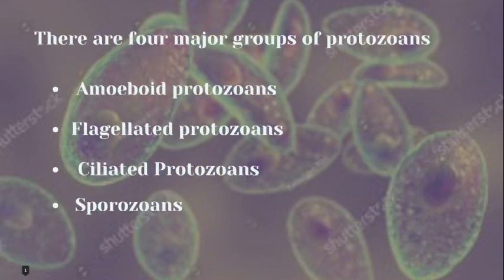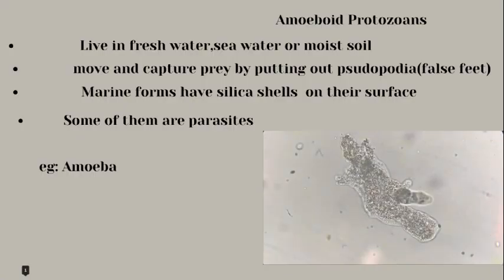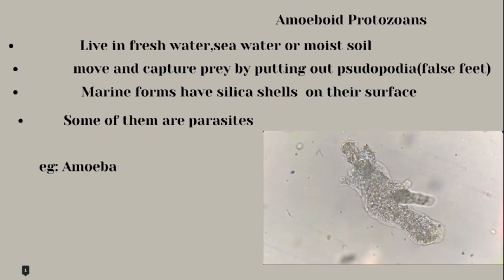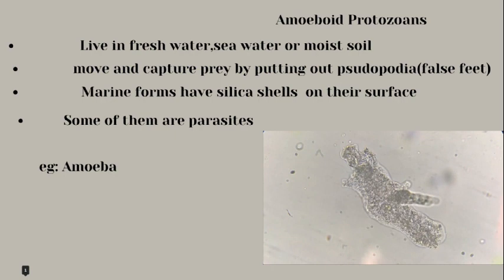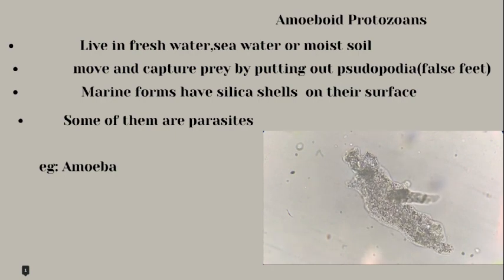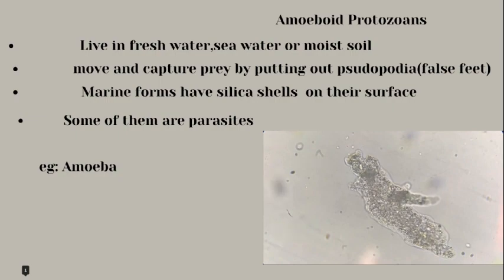There are four major groups: amoeboid, flagellated, ciliated, and sporozoan. As the name says, the amoeboid protozoans show amoeboid movement by putting out their pseudopodia or false feet. Some of them are parasites too.